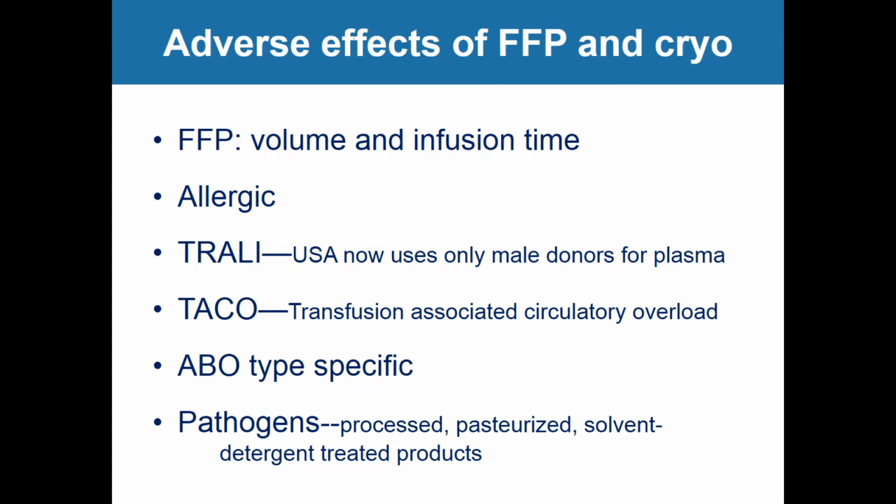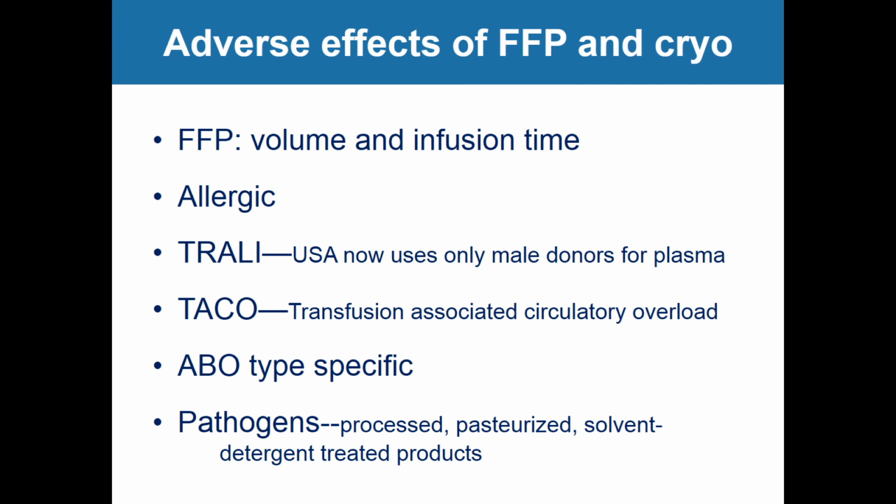FFP and cryo have some adverse effects associated with them and with their infusion. For FFP, it's certainly volume and infusion time. To infuse 4 to 6 bags of FFP in an awake patient through a peripheral line can take hours. Patients can have allergy to plasma proteins that are non-self, resulting in mild itching and hives, all the way to anaphylaxis.